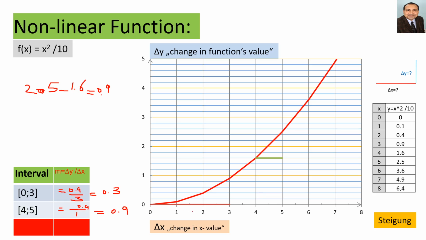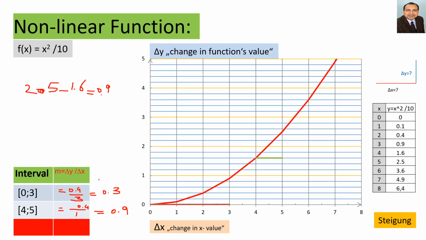You have seen that for two intervals m changed. Here the interval is 3, here it is 1. If there are equal intervals, then the result is the same.